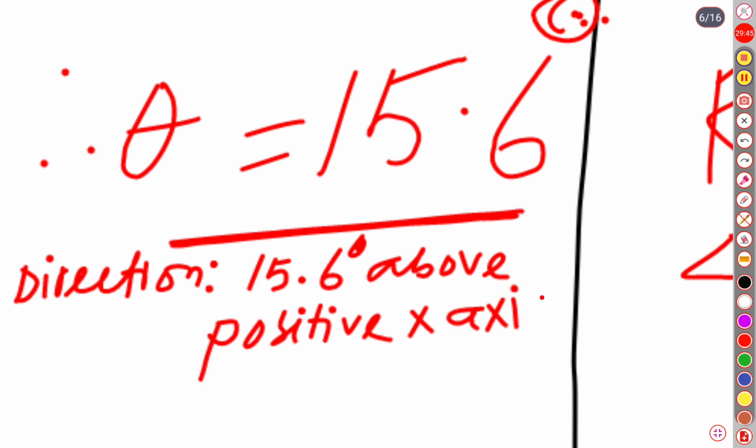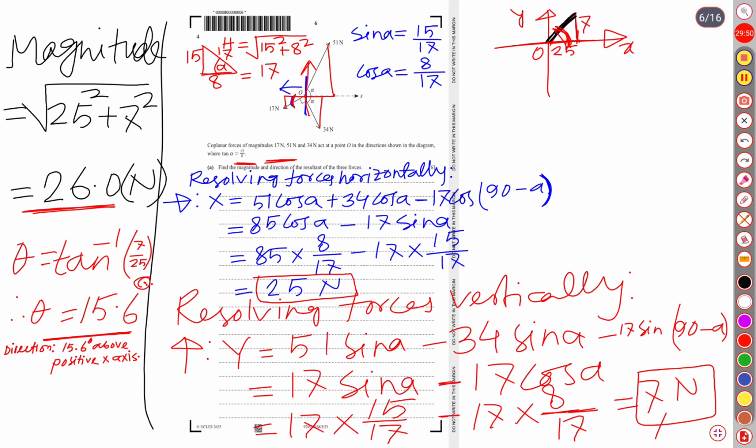Because I have already shown you that the magnitude of the force is lying in the first quadrant. So as the angle is positive 15.6, it is lying above positive x-axis. So that's all about the solution to question number 4. It is actually part A, still B is left.